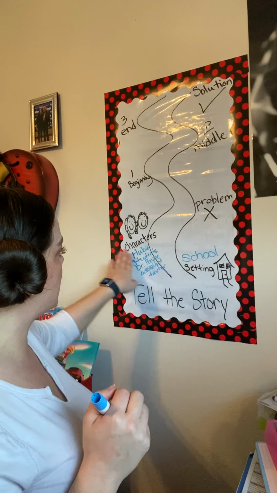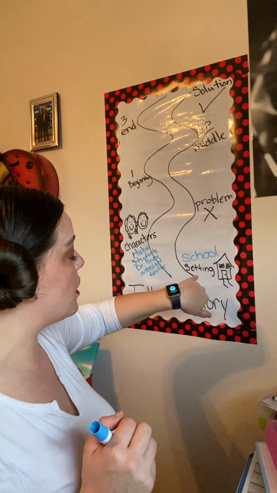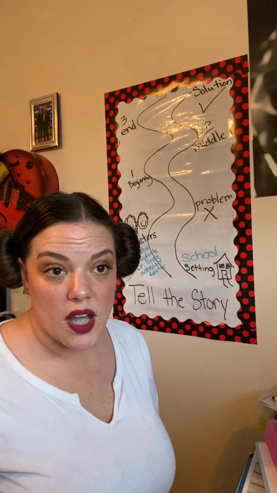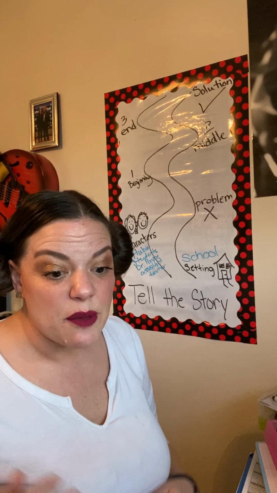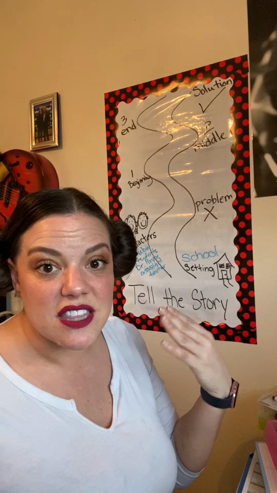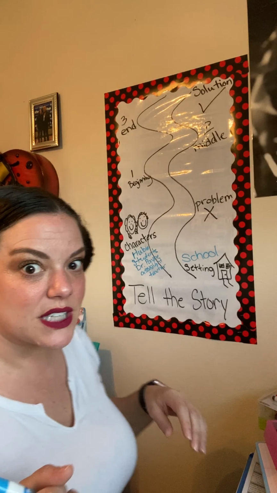So we've got the setting, the characters, the problem. What was the problem? The problem was that they kept hearing all these things about the dentist, and they were getting confused by them and making them think that the dentist was really going to be scary.